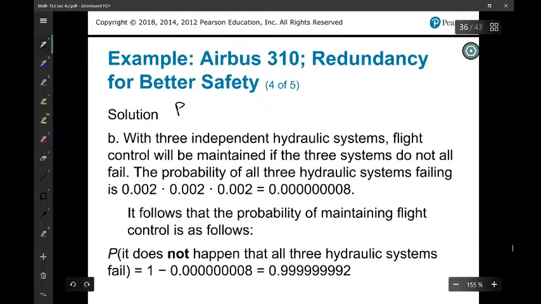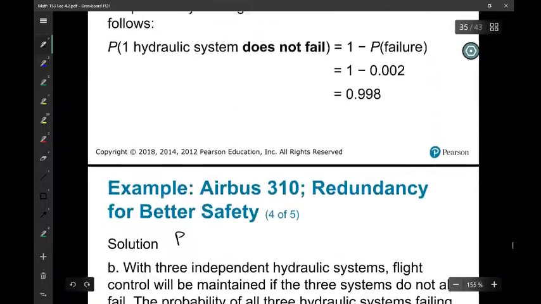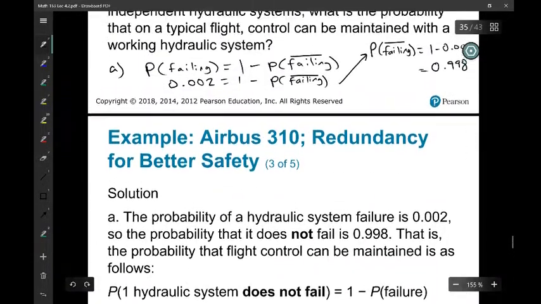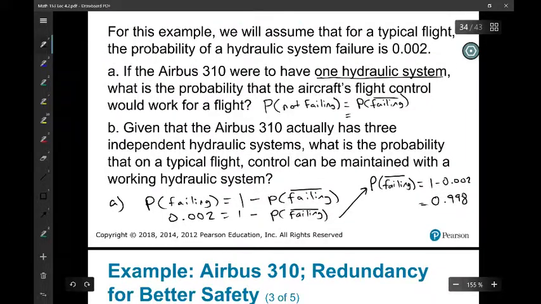So the probability, let's go back to the question. So given that there are 3 independent hydraulic systems, what is the probability control can be maintained with a working hydraulic system? That means at least one of them has to survive.